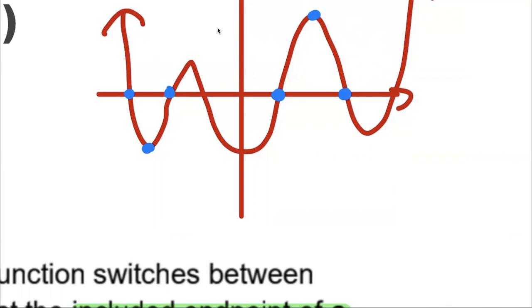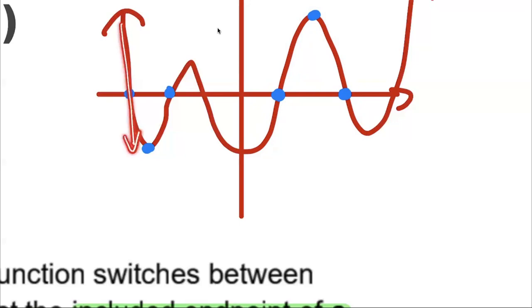Okay, so for a graph to become a zero, it should either increase or decrease while passing the x-axis, right? But for the graph to have another zero, for an increasing graph, it should decrease, right? You get it? That's why it changes from increasing to decreasing. So there is an extrema point. Same thing, for a graph that is above the x-axis to have a zero, it should decrease, right?